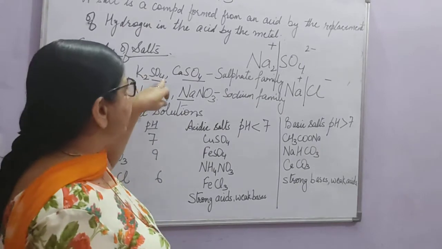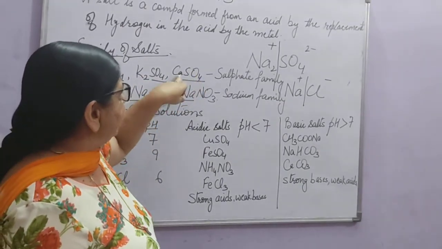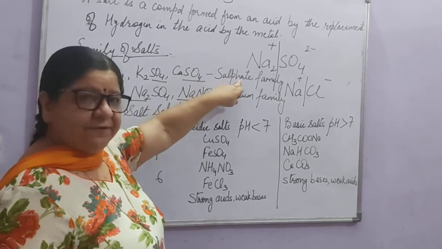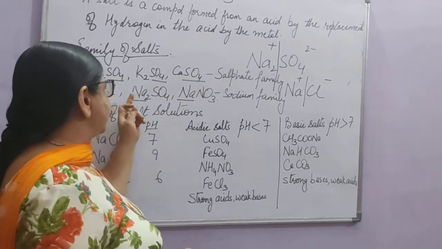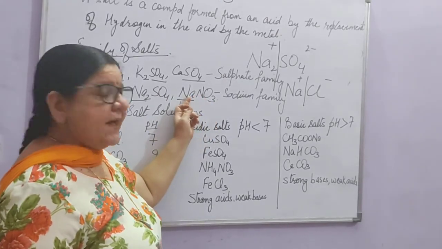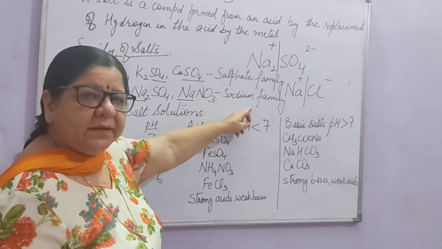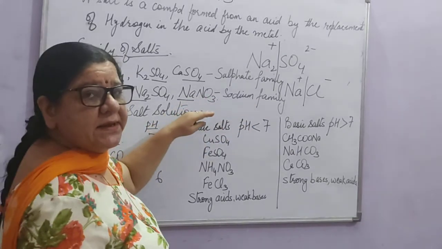Here all have the same sulfate group attached to the metal, so they all belong to the sulfate family. Here they have sodium as the cation, so they are known as the sodium family. This is how their family is called.